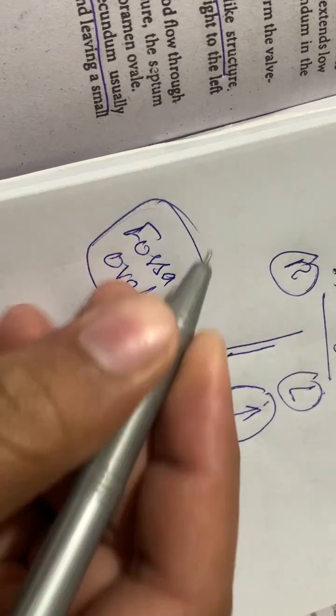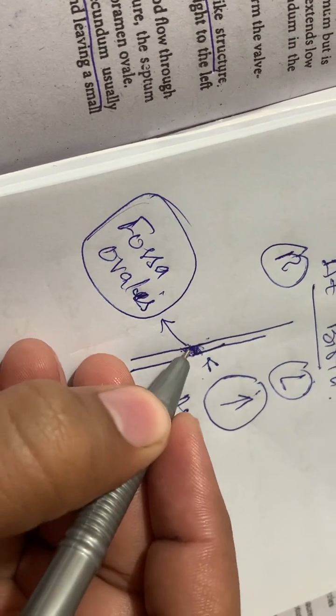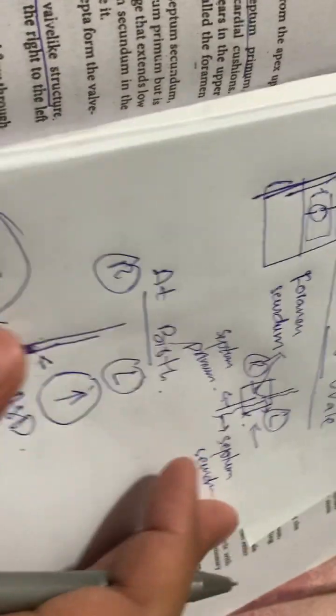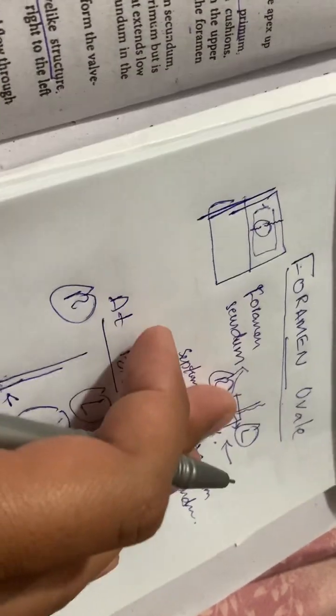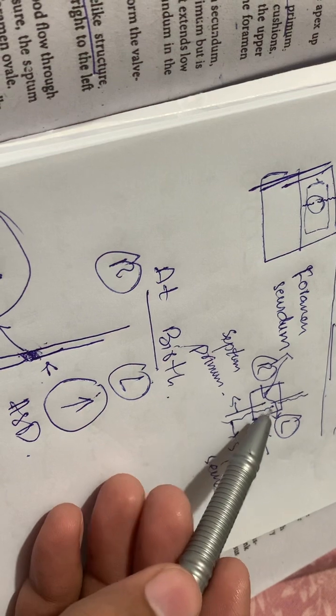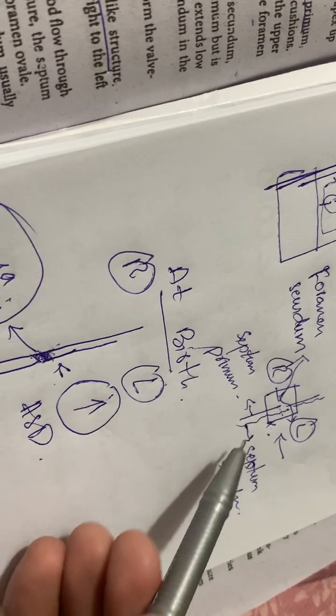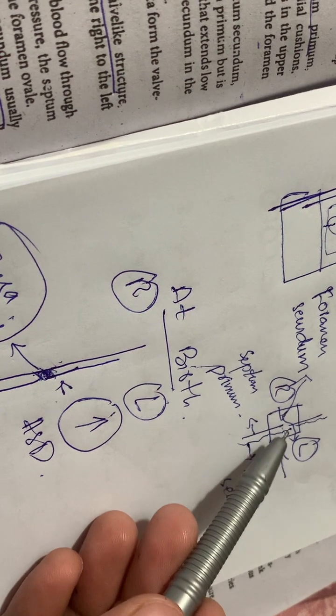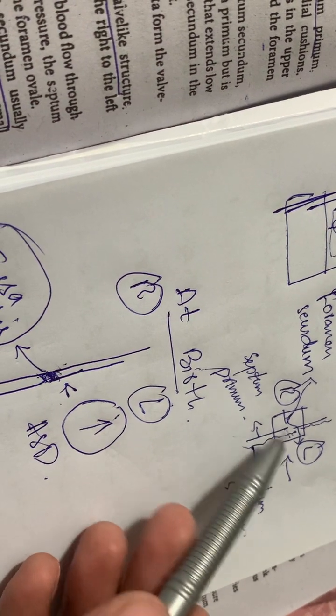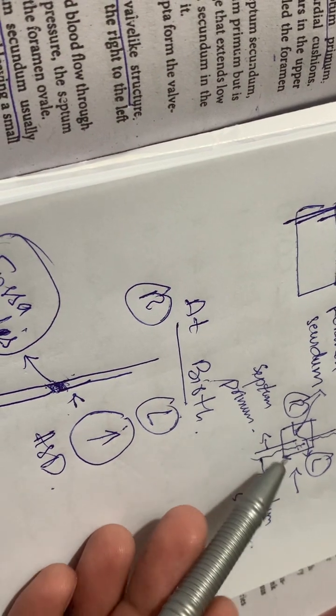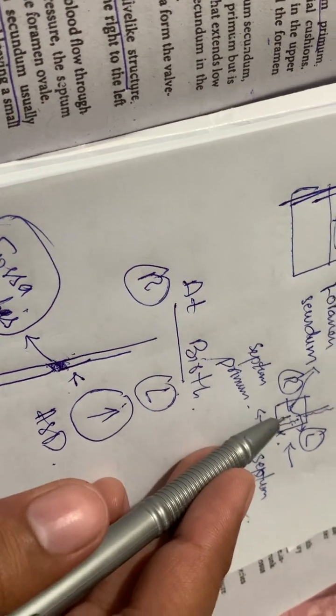And one more important thing is that these two fusions, or the reversibility, the valve-like structure which has actually formed, is very important for fetal circulation.